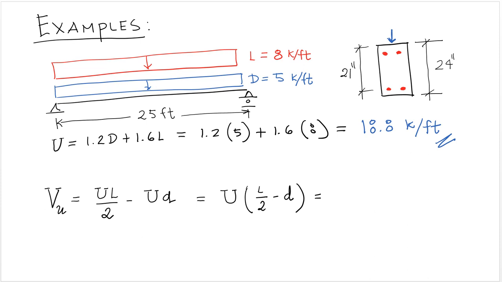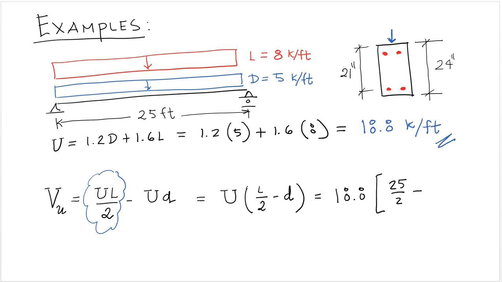The reaction is this value here, UL over 2, but we have to subtract the shear that is inside of the distance d away from the support. So that's U times d. In that case, we have U, which is 18.8, times L over 2, which is 25 divided by 2, minus d.